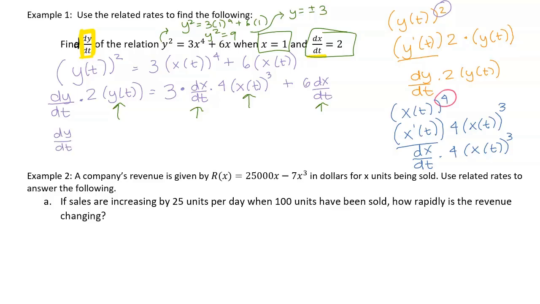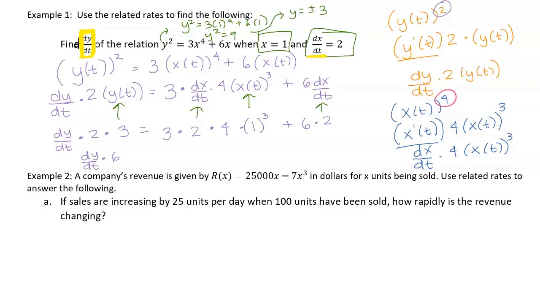So dy/dt times 2 times, I'm just going to go ahead and use the positive 3 since I don't really have a context for this problem. Equals 3 times dx/dt, that's going to be the 2 given the problem statement, times 4 times x cubed is going to be 1 cubed, plus 6, and then the dx/dt is 2.